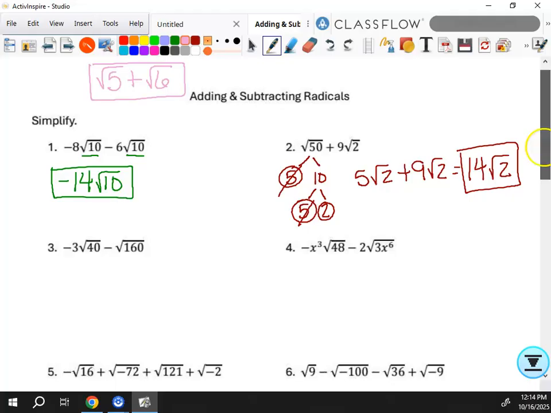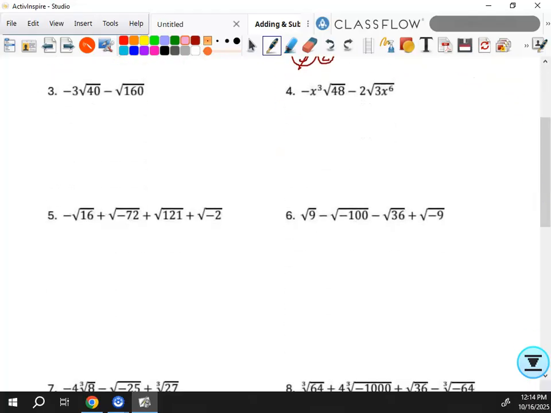All right, so then let's look at number 3. Square root of 40. What are two numbers that multiply to give me 40? 4 and 10. Okay, now I'm going to give you a couple of ways to do shortcuts, which some of you may already do. If I'm doing square roots, now if I'm doing cube roots or fourth roots or something else, that's a different story.